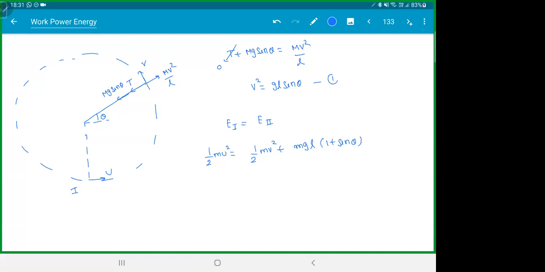This is equation 1 and this is equation 2. You can substitute that v square here. M goes off. It will be u square equals v square plus 2gL(1 plus sine theta). This will be gL sine theta. That is your u. Root 3gL sine theta. Nay, it's not root 3gL sine theta.